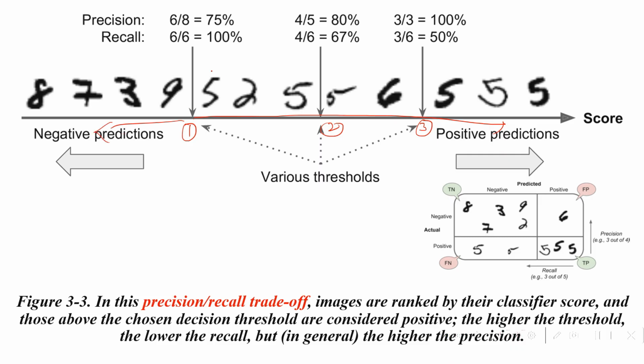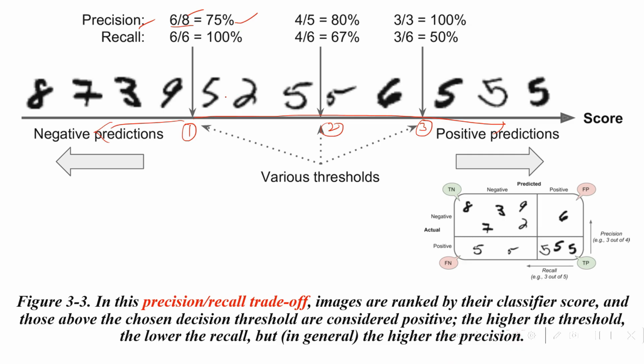For the precision, the total number of elements in this class is 8: 1, 2, 3, 4, 5, 6, 7, 8. Out of 8, how many are the 5 class? 1, 2, 3, 4, 5, 6. That means 6 by 8, which is 75% precision.